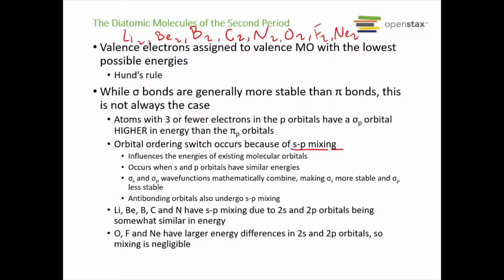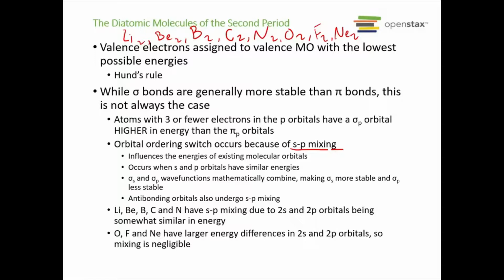So this influences the energies of existing molecular orbitals and occurs when an s and p orbital actually have similar energies. So the sigma s and sigma p wave functions end up mathematically combining, and what happens when this occurs is the sigma s orbital becomes even more stable, but the sigma p orbital becomes less stable and higher in energy. And the same thing happens with the antibonding orbitals.